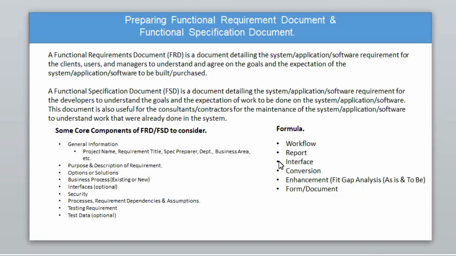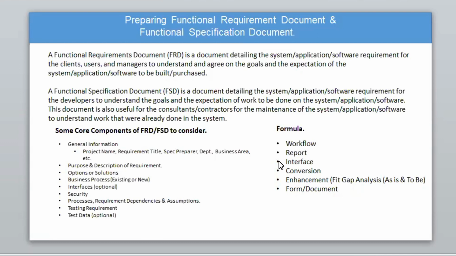But FSD in this case is for the developers in that environment to understand the goals and the expectation of the work to be done on that application or that software. So that is the takeaway between FRD and FSD.